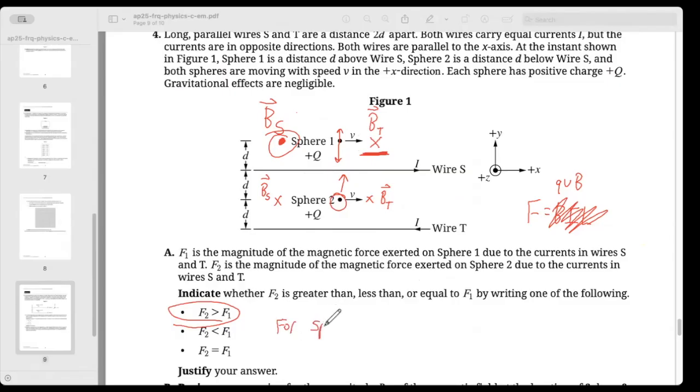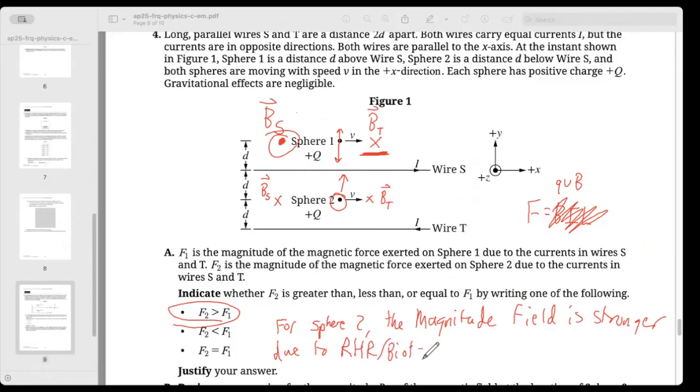Justify my answer for sphere 2, the two fields, the magnetic field is stronger. I'm just going to write that. Field is stronger due to right-hand rule, RHR slash Biot-Savart law.